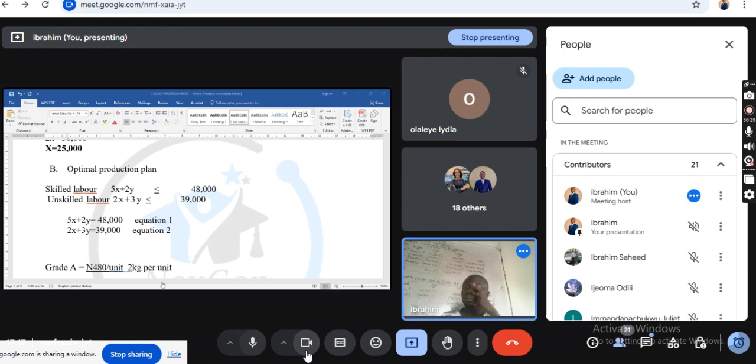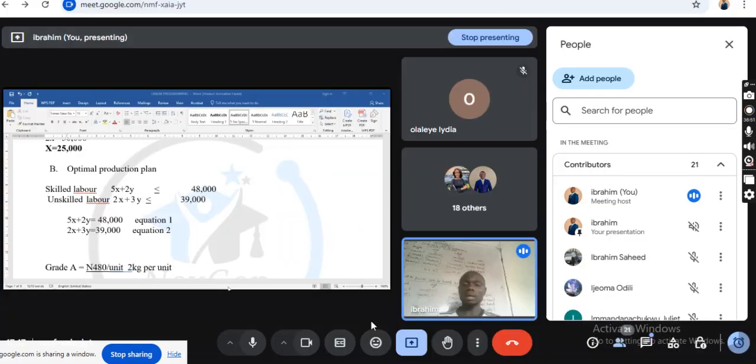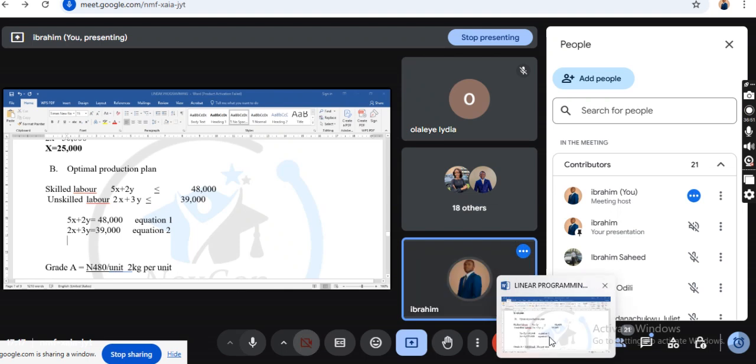Let's say for instance, I have this, I can decide to use minus 2 times 2, 4. No, I can decide to use minus 3 and plus 2. I can decide to use the elimination method, minus 3 coming.